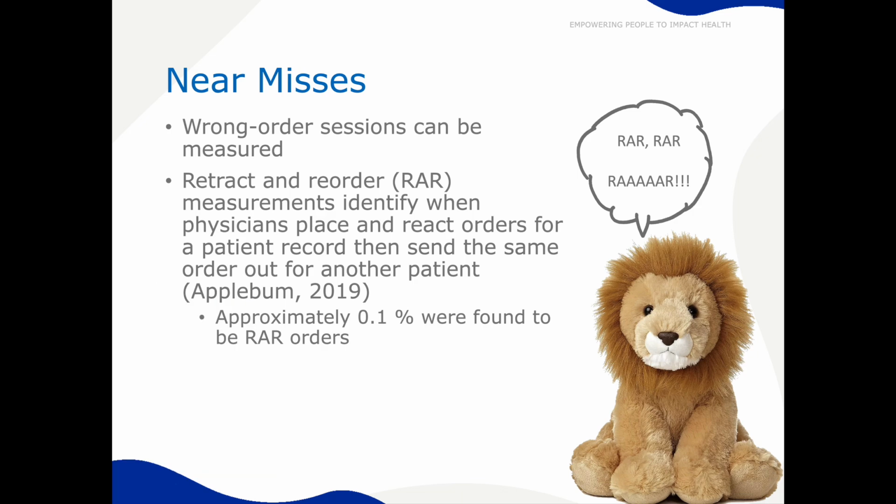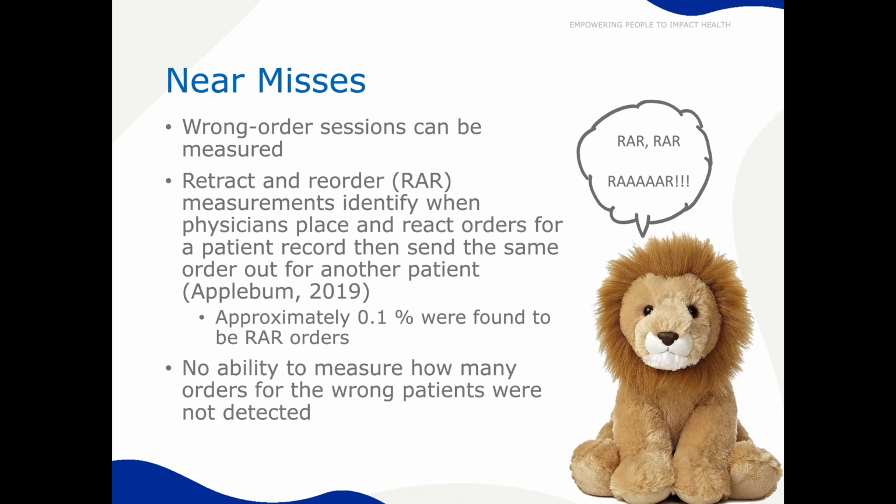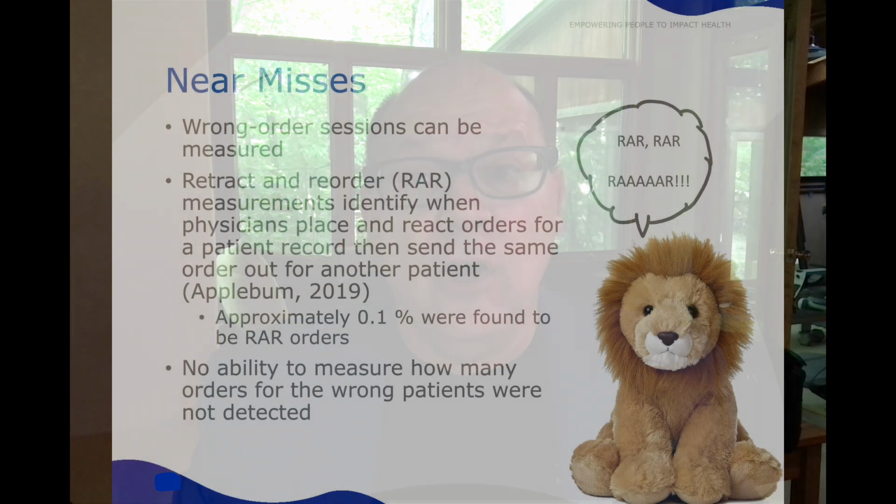A 2019 study found that approximately 0.1% of orders were RARs. It's a small percentage. The burning question is, how many orders were missed? That is, were not identified to physicians to be incorrect. How many went unnoticed? In other words, we do not know what we do not know.